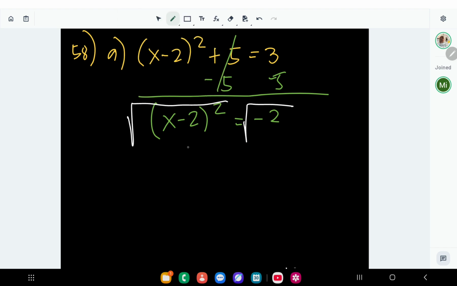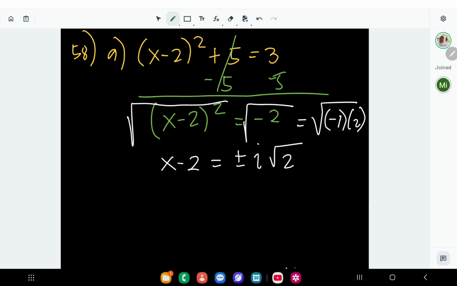So we have x minus 2 equals plus minus square root of negative 2, which is i square root of 2, because you can write this one as square root of negative 1 times 2. And square root of negative 1, take note, is just equal to i, and i is an imaginary number.